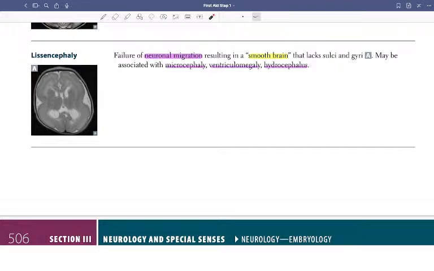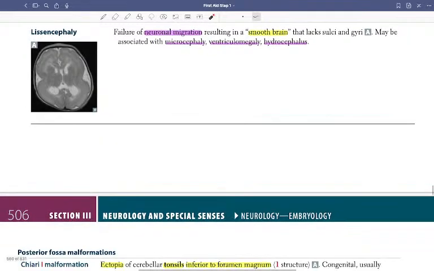Three things are associated: microcephaly, because obviously you don't have gyri to make the brain big, ventriculomegaly, and hydrocephalus. I do not have a mnemonic for this. Just repeat it again: microcephaly, ventriculomegaly, and hydrocephalus in case of lissencephaly. If you have some mnemonic, then you can post it down.